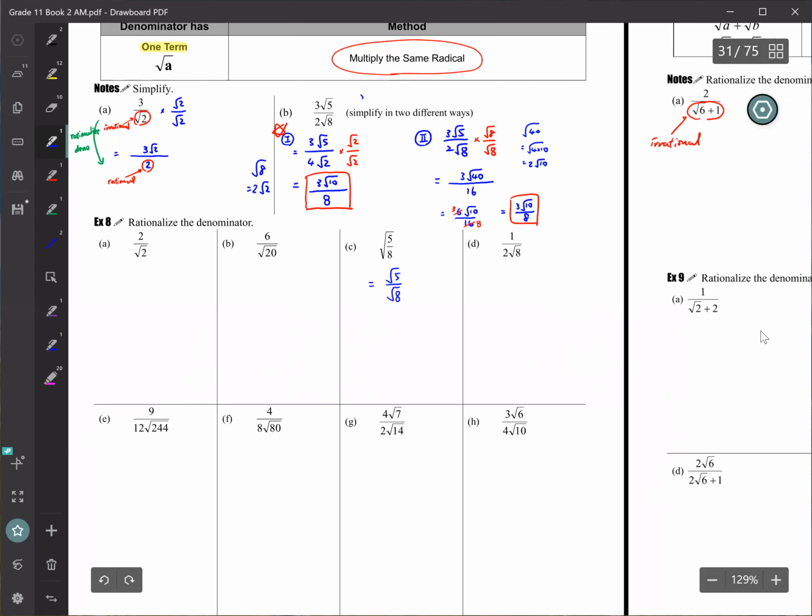Okay, they mean the same thing, and then you can go from there to simplify or rationalize. So at the end, your denominator cannot have square roots, because rationalize means you make the denominator become a rational number.